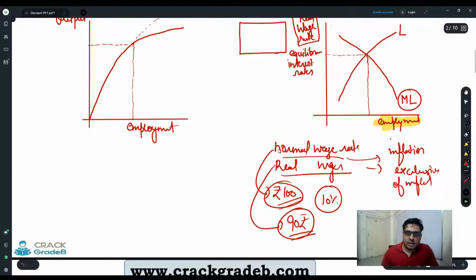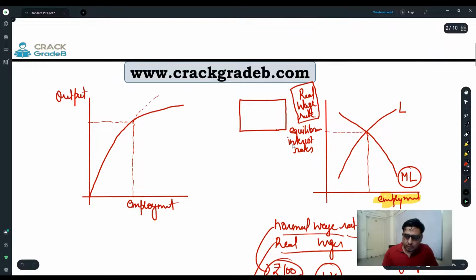As the real wage rate is rising, each and everyone is seeking employment.